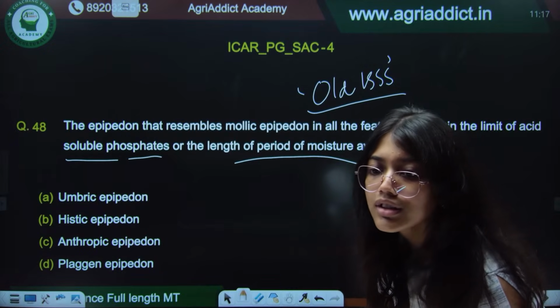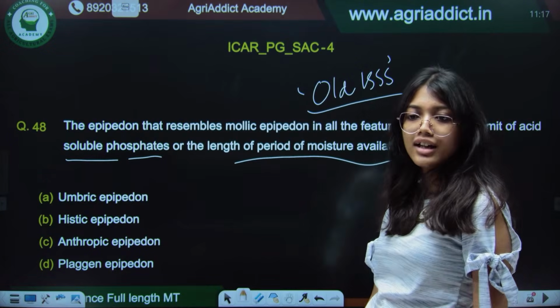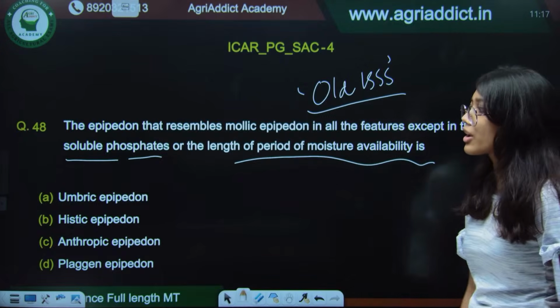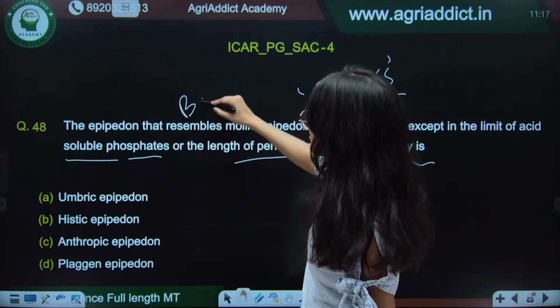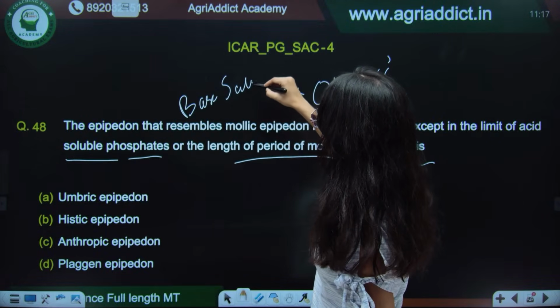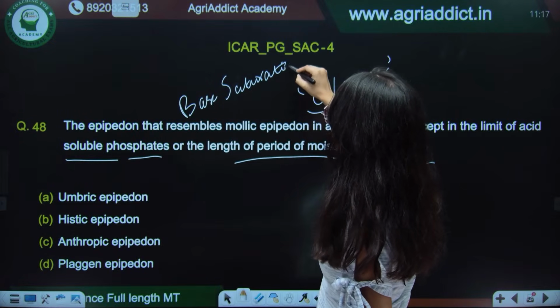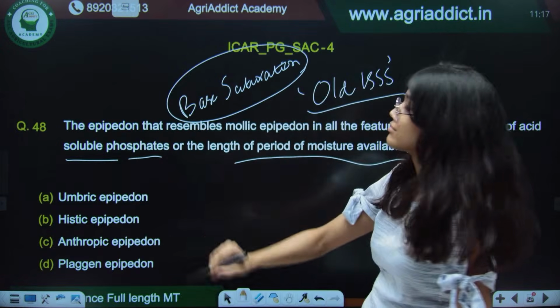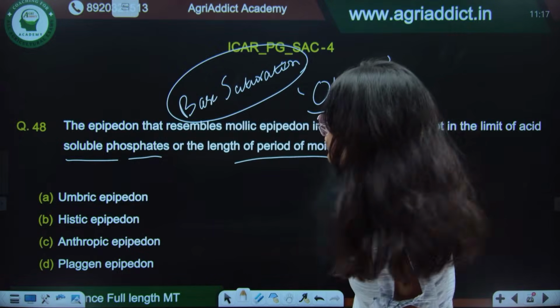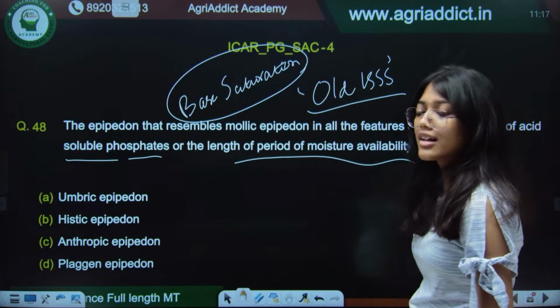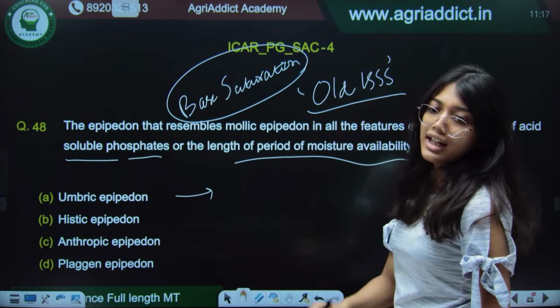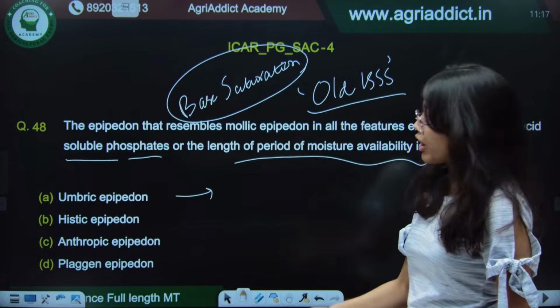Vishnu is saying A, but I do not think that it will be A. Because if it were base saturation, then A would have been your correct answer.